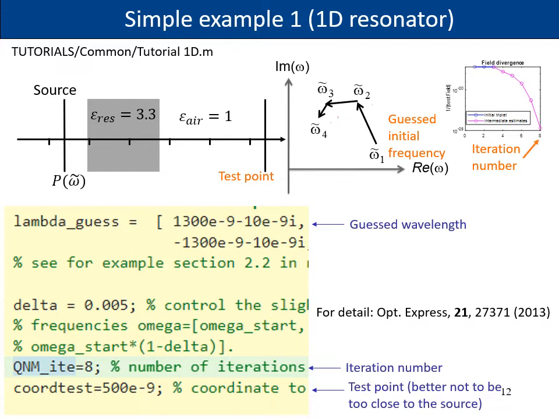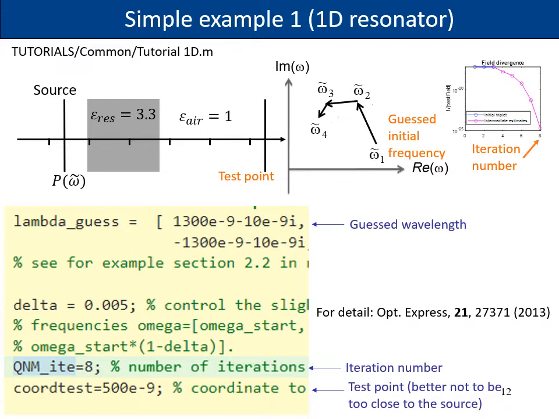At last, you can also define the test point. As the iteration number increases, the frequency becomes closer and closer to the pole, or the QM eigenfrequency, of your system. The field at your defined test point will become divergent.